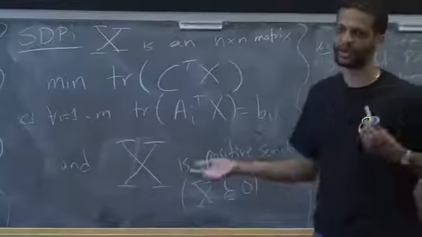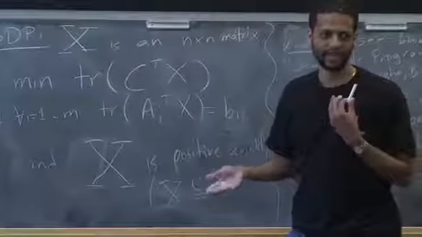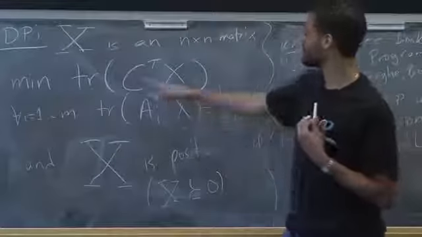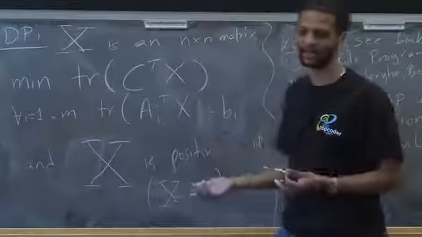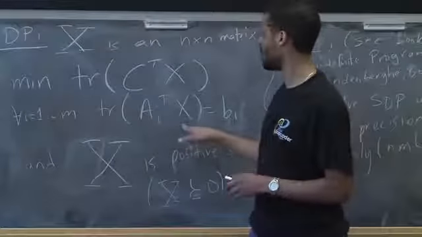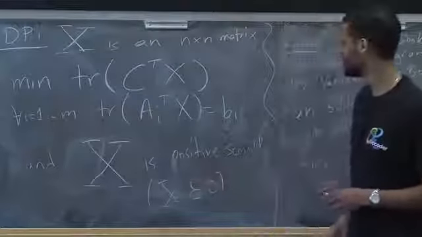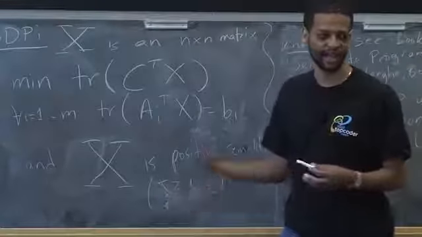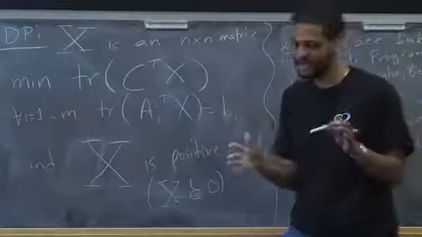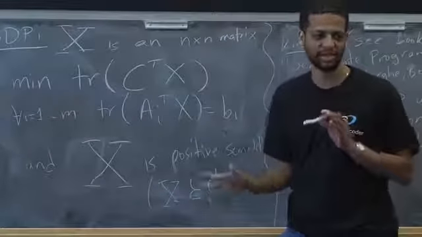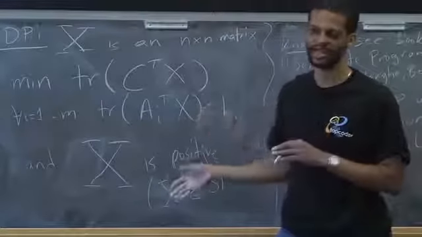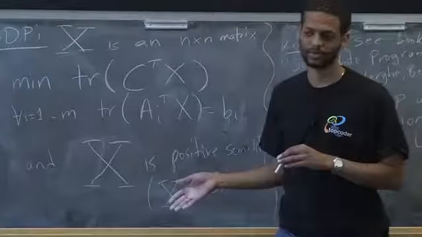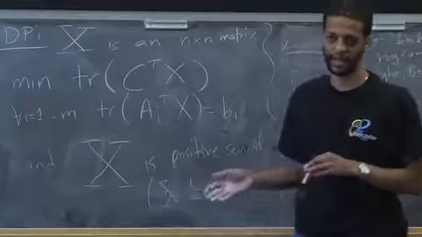Just view it as an n squared dimensional vector. And this is really just linear programming. This is C transpose X, where C is also an n squared dimensional vector. This is A_i dot X, where A_i is an n squared dimensional vector. And then you have this funny constraint at the end where instead of saying that it's a non-negative vector, you say that if you view this n squared dimensional vector as an n by n matrix, that matrix should be PSD. So that's the difference between SDP and LP.